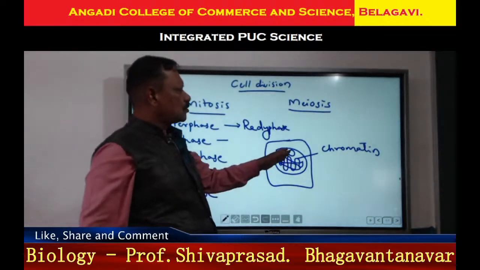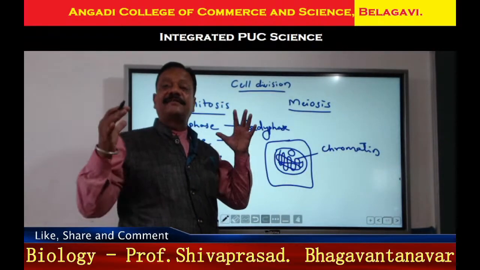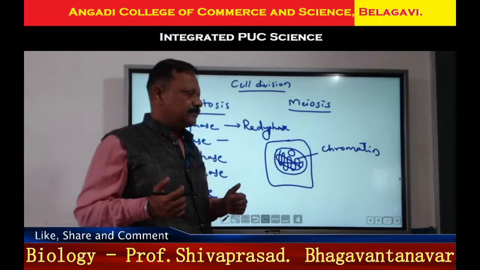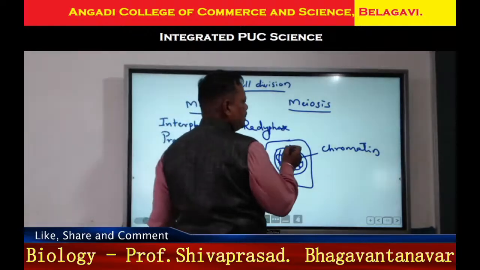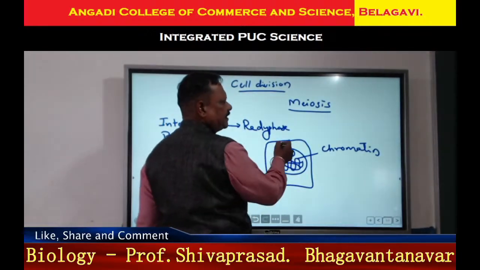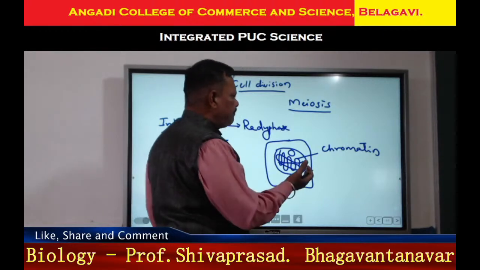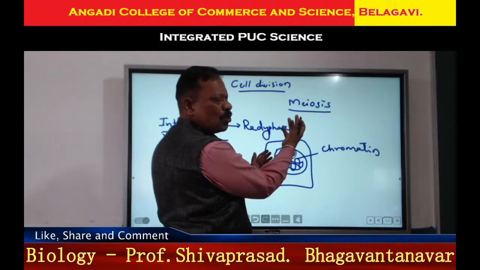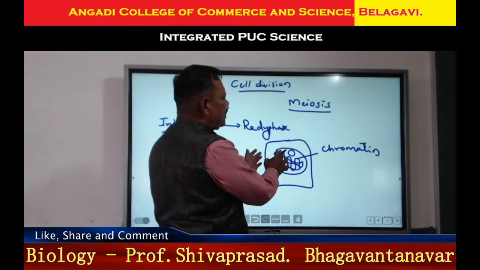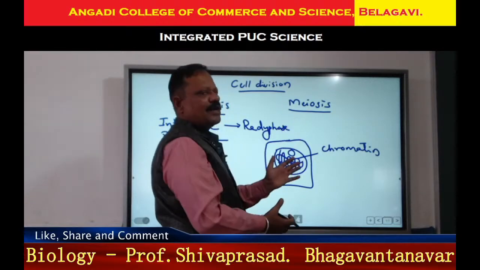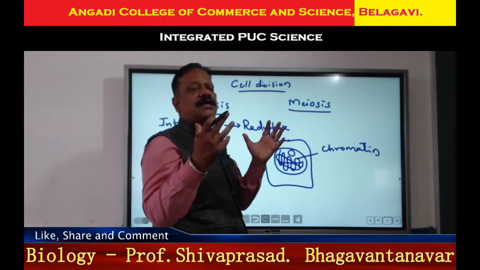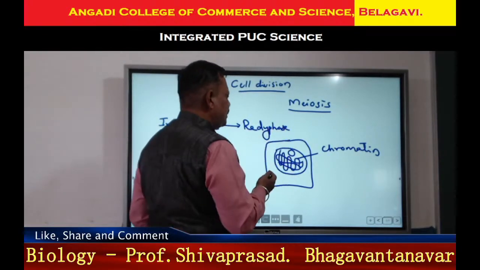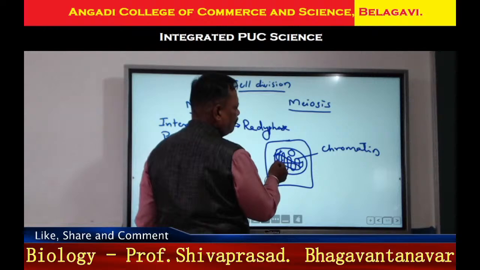Then this chromatin undergoes maximum condensation, and then slowly late prophase, this is the early prophase, cell enlarges, nucleus enlarges, nucleolus is conspicuous, and the chromatin whatever is there, it undergoes condensation, and finally the cutting of the chromosomal bits you are observing.